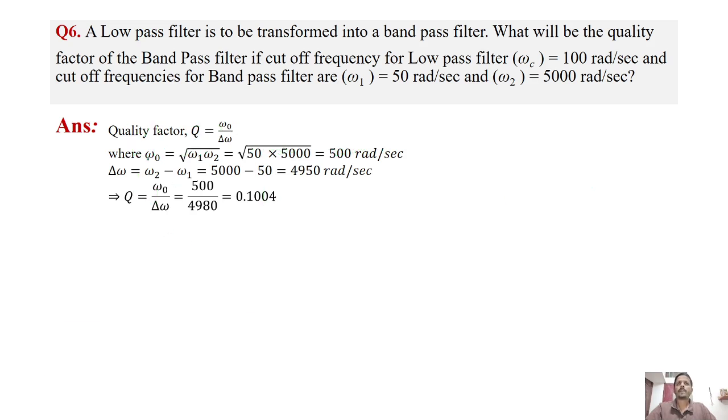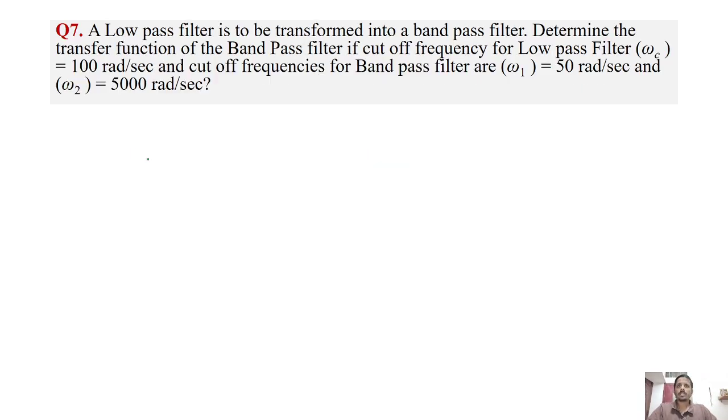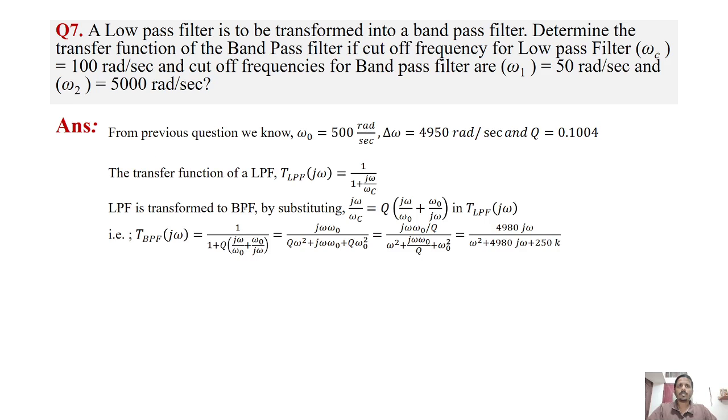Sir, this formula, the j omega transformation, do we need to remember it, or anything else? No, we just need to remember it. In the next question, you can see that if I substitute that value of q into 1 plus j omega by omega naught plus omega naught by j omega, we'll arrive at the general transfer function of a band pass filter.